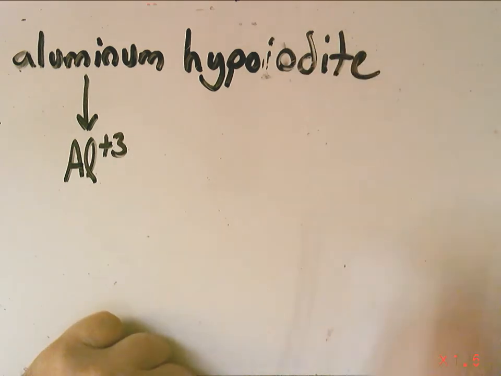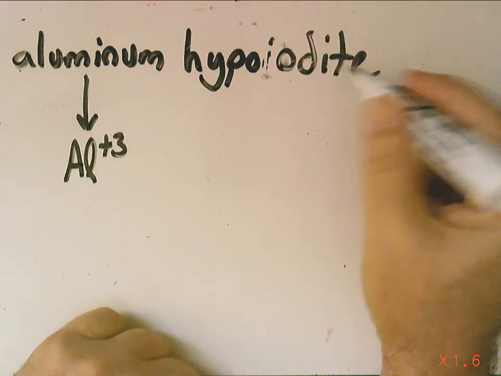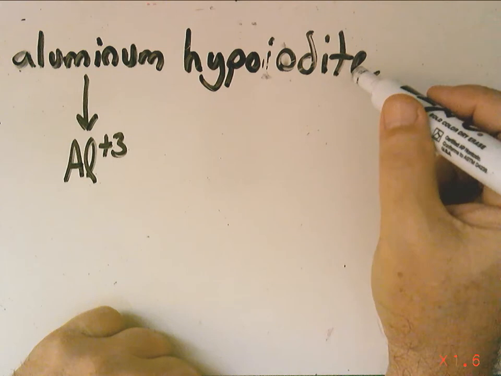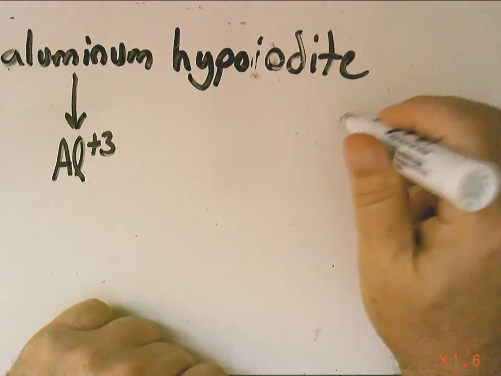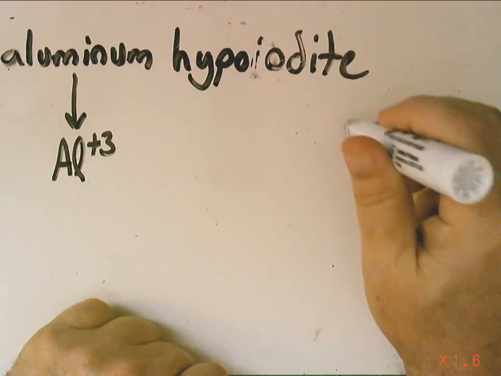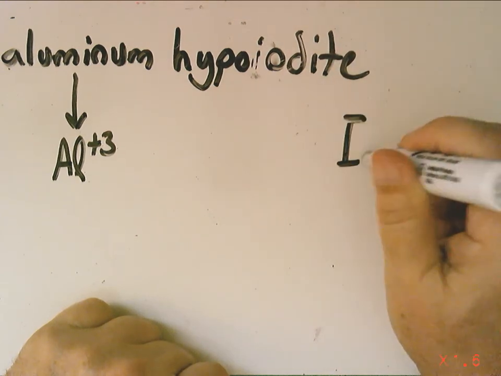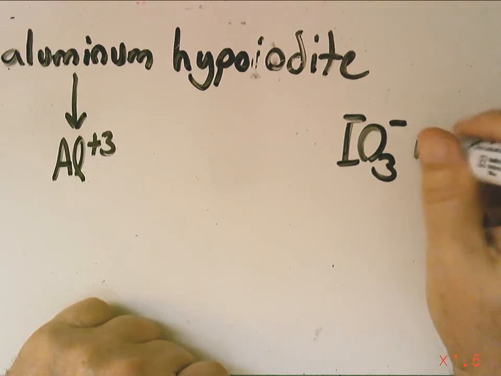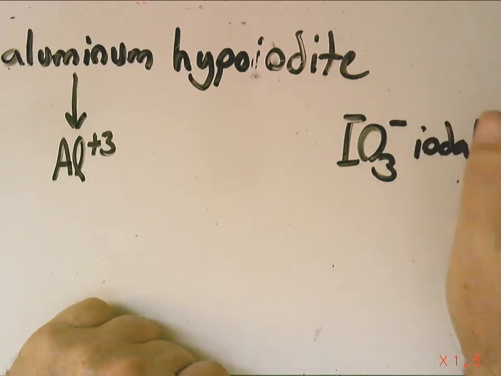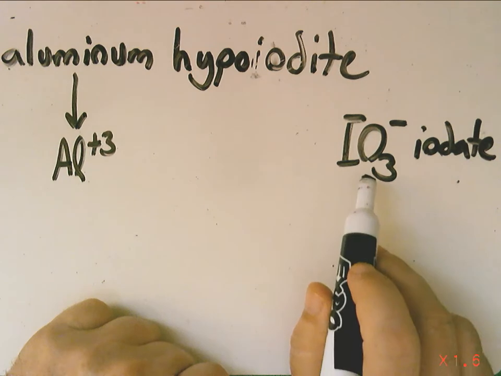Okay, so now this thing. I'm going to have to look on my polyatomic ion table at the ions, and I'm going to look for something with iodine in it, and I see that I have this being iodate. So I know this one.